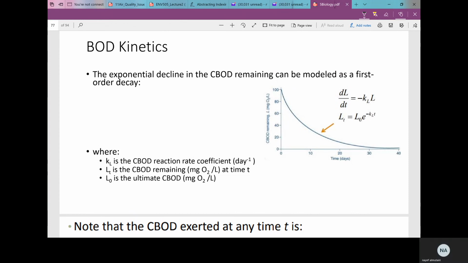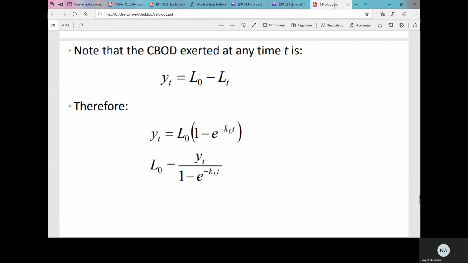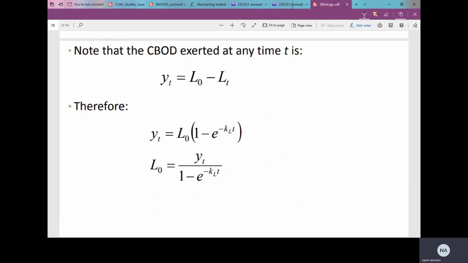When the food goes down to a minimum, time versus CBOD remaining, we use this equation. This is the food at any time t, the substrate at any time t, and this is the initial substrate, and this is the constant KL, and this is the time. This is the equation for the BOD.